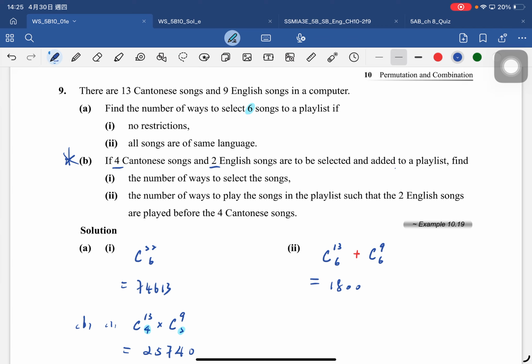But the second part, you must be careful. The number of ways to place the songs in the playlist such that the 2 English songs are played before the Cantonese ones. That means like queuing up 2 English at the beginning and then 4 should be Chinese.